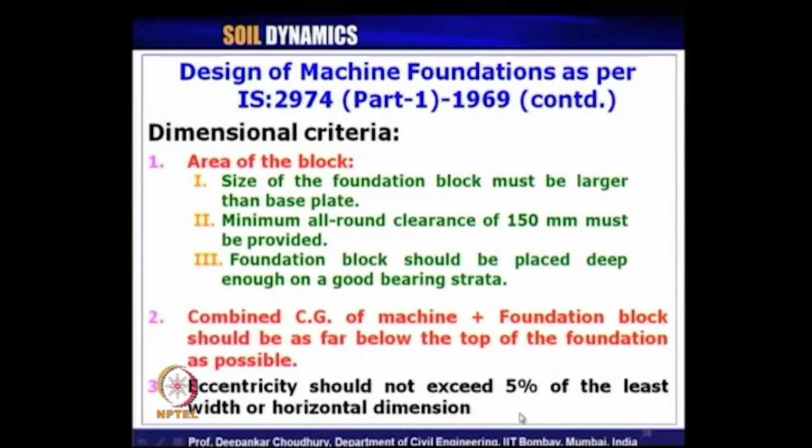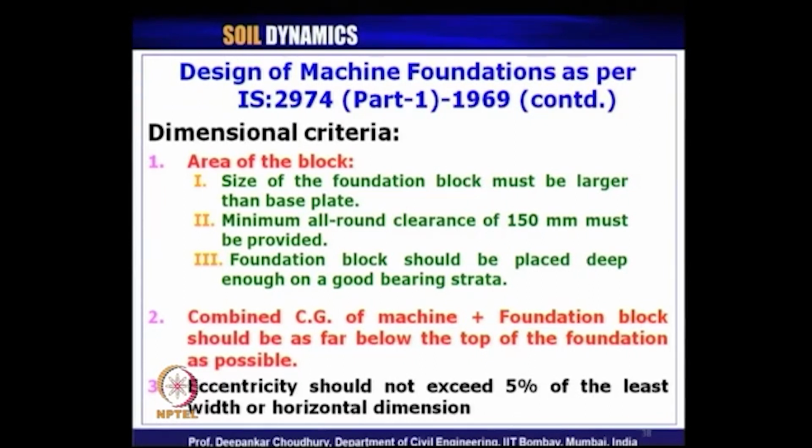That is why this criteria is mentioned. And the third criteria for the selection of the area says eccentricity should not exceed 5% of the least width or horizontal dimension.